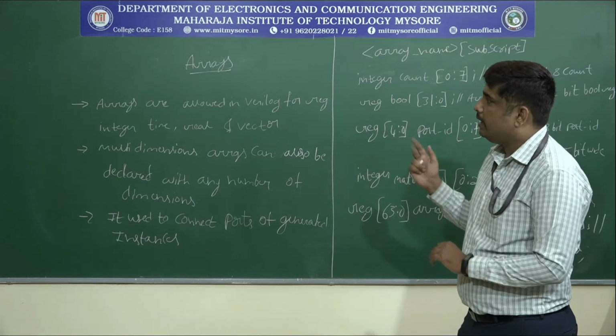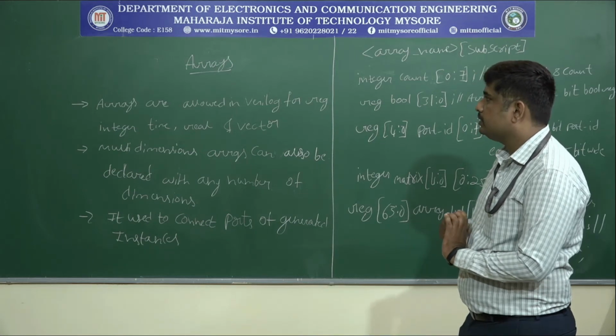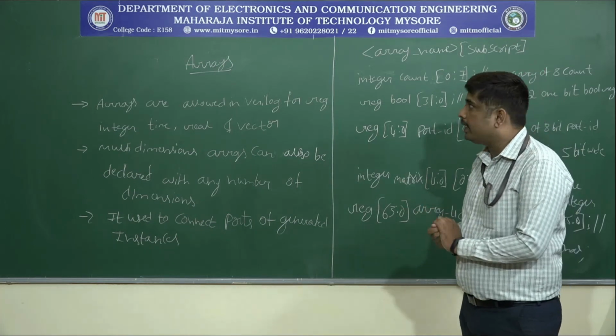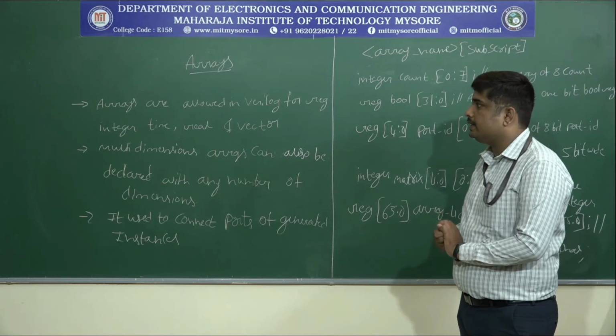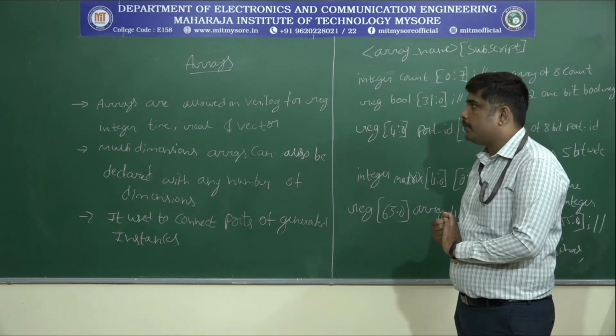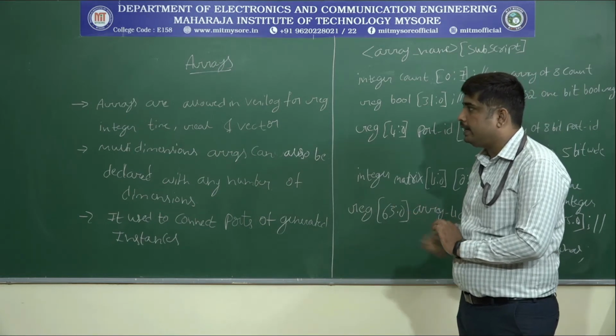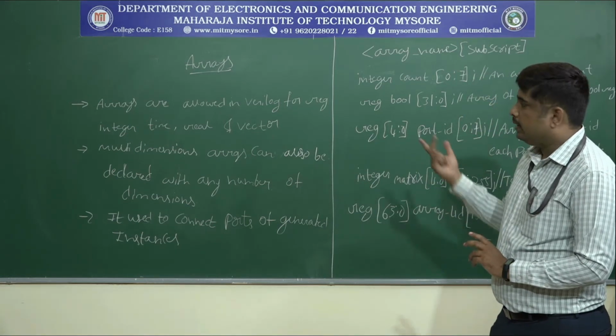These are all the data types with respect to Verilog HDL. Here arrays are a special type. Arrays are allowed in Verilog for register, integer, time, real and vector, so we can use them in terms of integer, time, real, vector, etc.